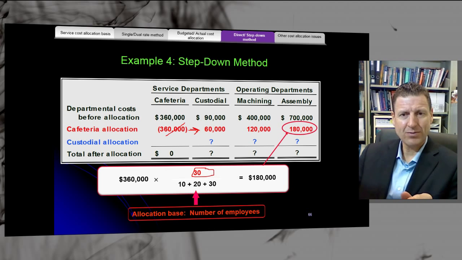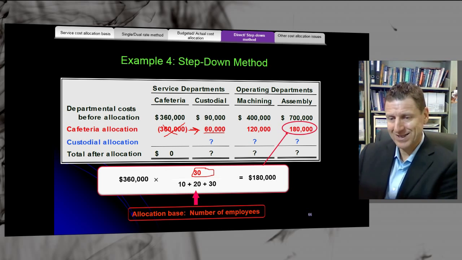So now we've done this allocation and we can move to custodial. What we need to do now is add the custodial 90,000, that's the costs already incurred by custodial, plus the $60,000 allocated from cafeteria. So now we're allocating from custodial how much? You got it, 150,000.